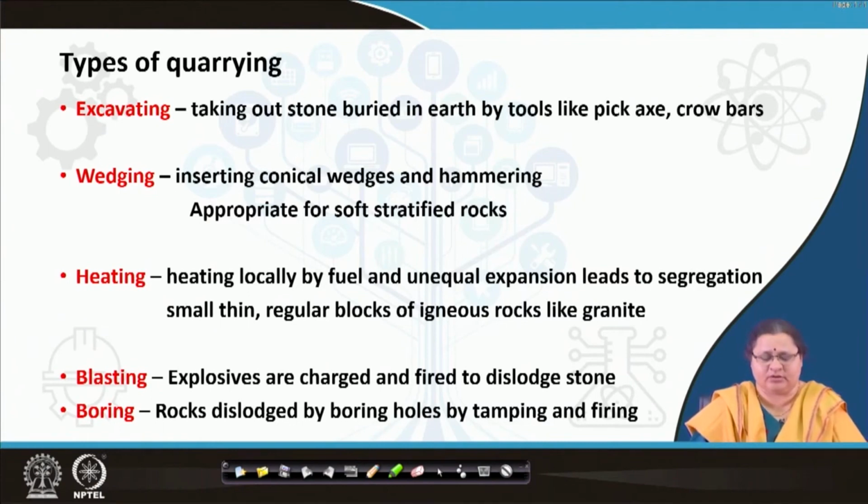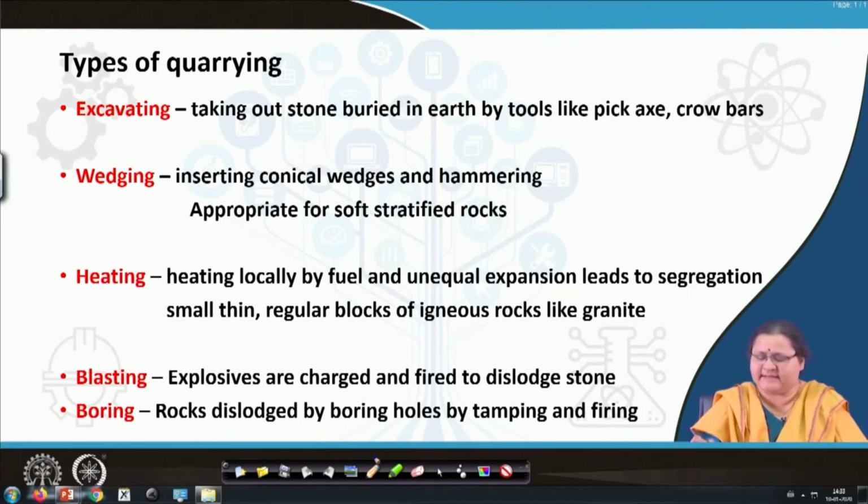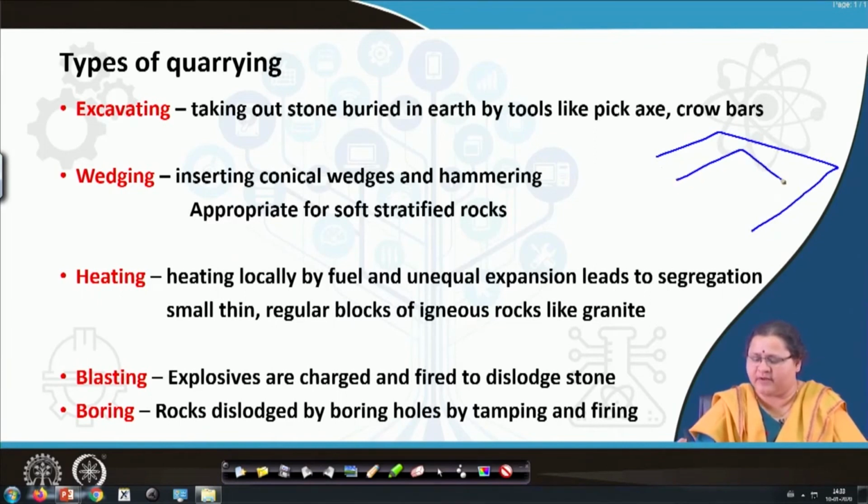Another is wedging. In wedging, inside a part of a stone, you can carve out a portion by demarcating it by putting wedges all along.